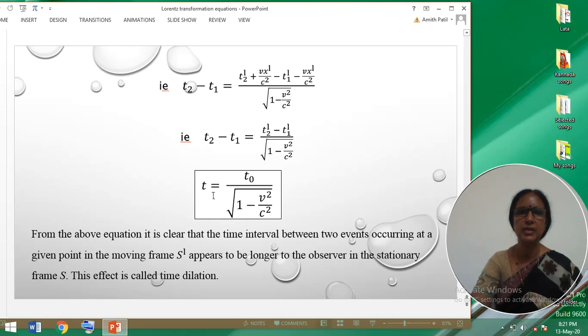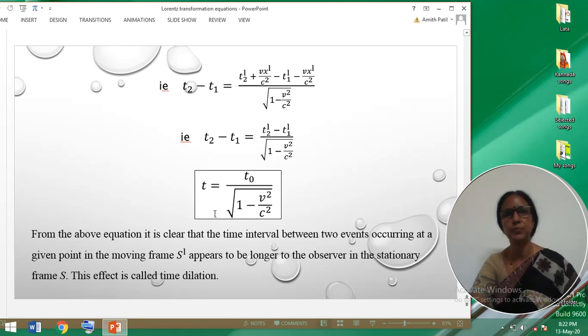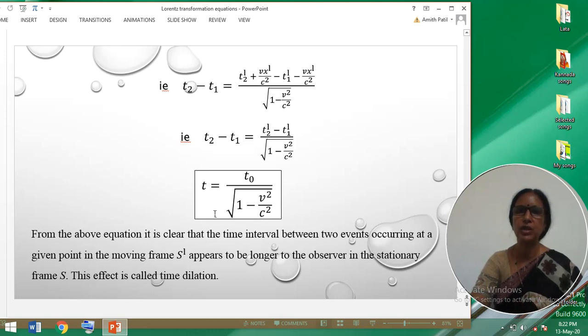Writing this as t and this as t naught, we get the final expression as t is equal to t naught by root of 1 minus v square by c square. From this equation it is clear that t is greater than t naught. That means the time appears prolonged or longer for an observer from the frame S. So this concept is known as time dilation.